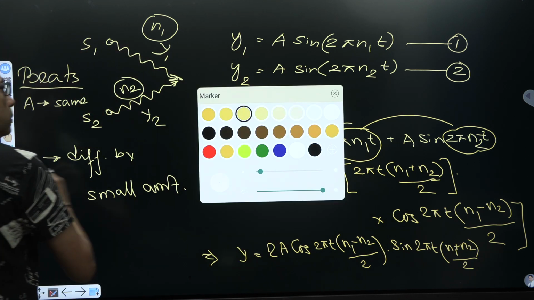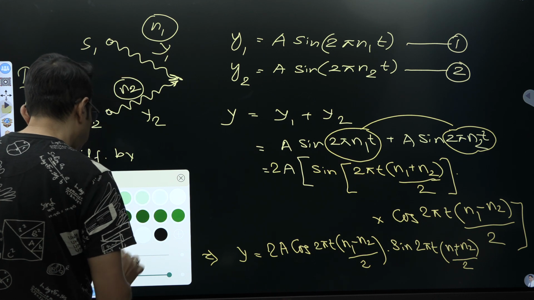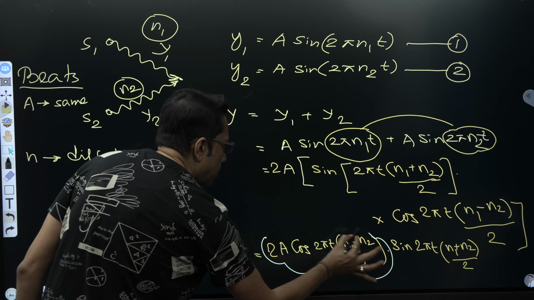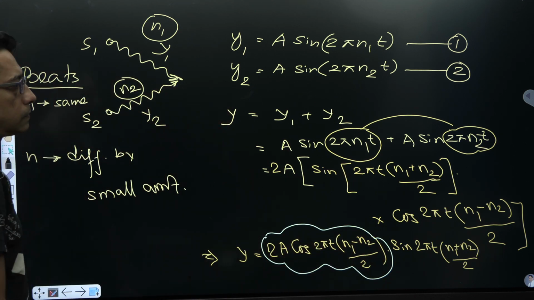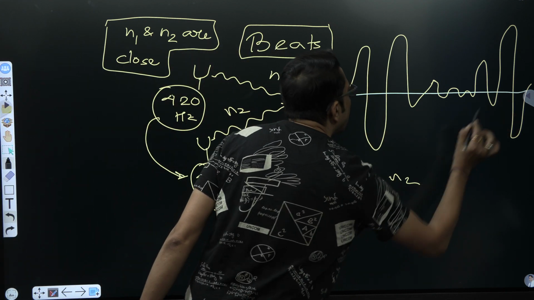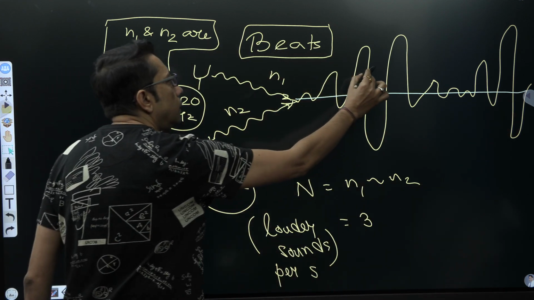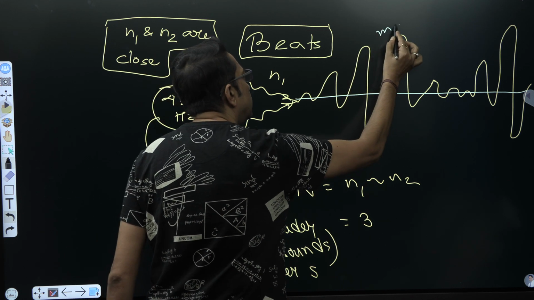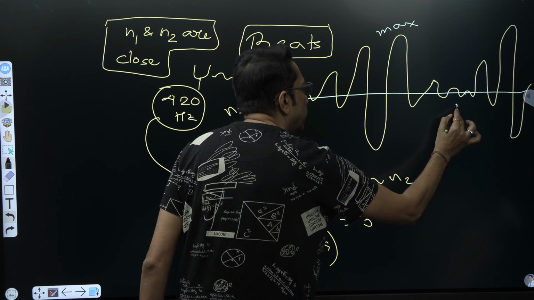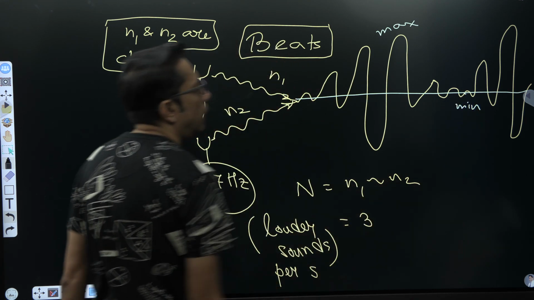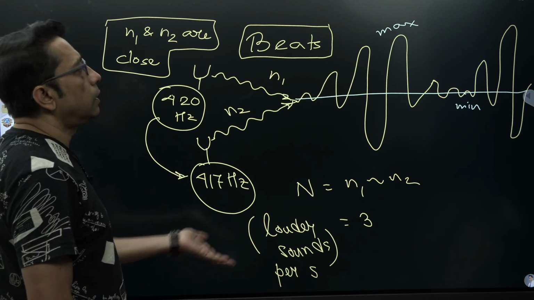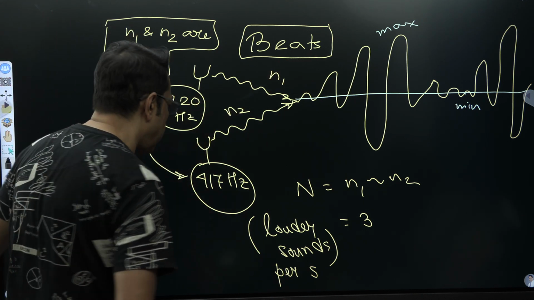Now we know the amplitude of this is this, and what we saw in the last case, the amplitude of this oscillation was increasing, here it became maximum, and was decreasing, here it became minimum. So as the amplitude went on being maximum and minimum, we heard louder sounds for these maximum amplitudes.